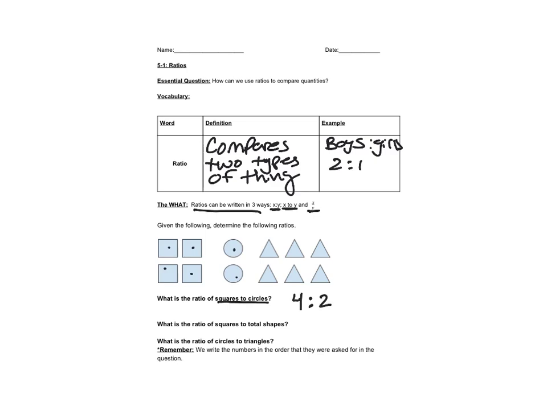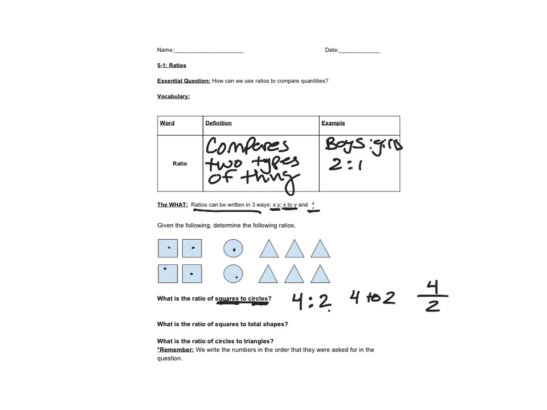Okay, so that's one way to write it. We could also write it 4:2 or 4 to 2 as a fraction. Now I always have to write it as the 4 first and the 2 second in this case because it's specifically asking us for the ratio of squares to circles. So the order that the question is asked in tells us the order to write our numbers in.